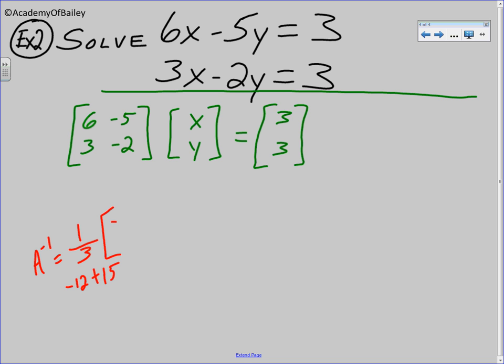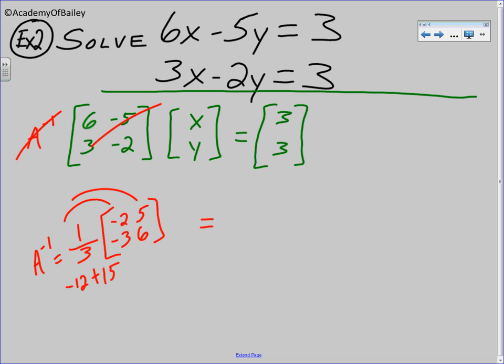6 and negative 2 trade places. 3 becomes opposite and 5 becomes opposite. All right. Multiply by the inverse. Those cancel. And now let's multiply the right side by the inverse. So now scalar multiplication.